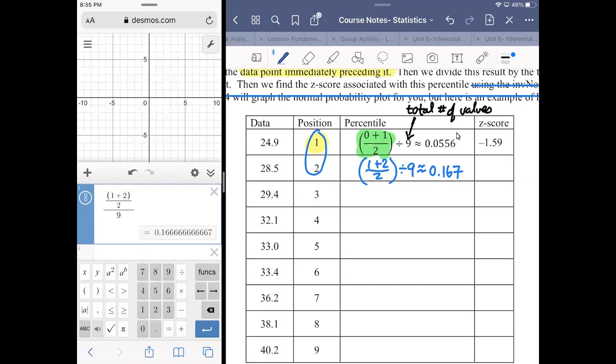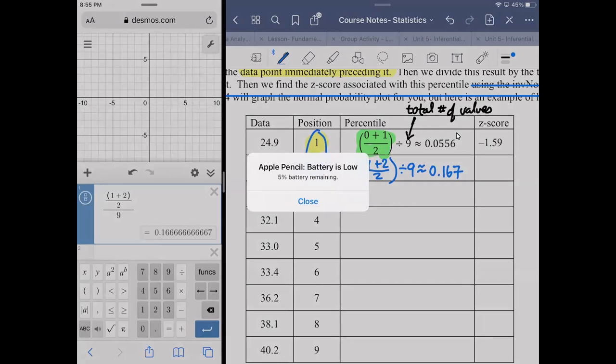So the idea is that if I were to say that there are, let's say, 30 people in the class, and I got a test score of, let's say, an 80, and I wanted to know what my percentile rank was, I'd be looking for the number of people I performed better than and divide that by the total number of people in the set.